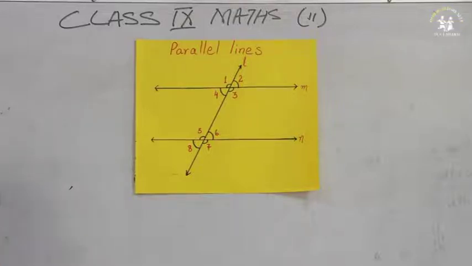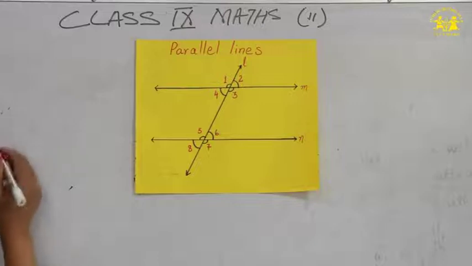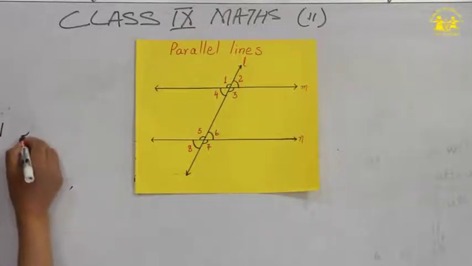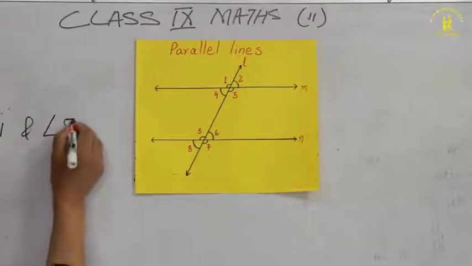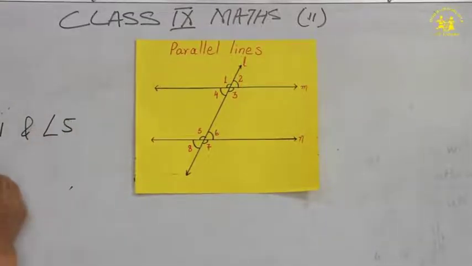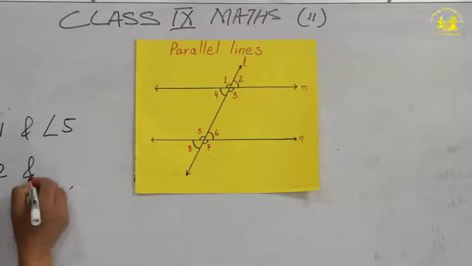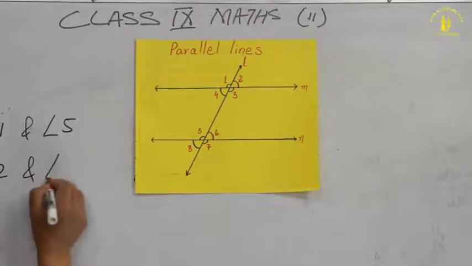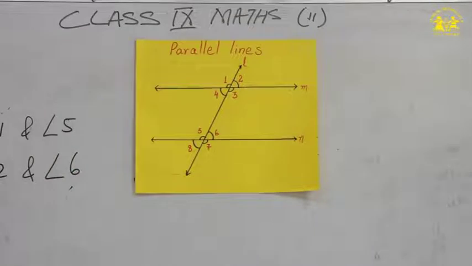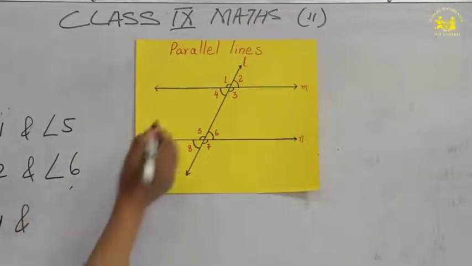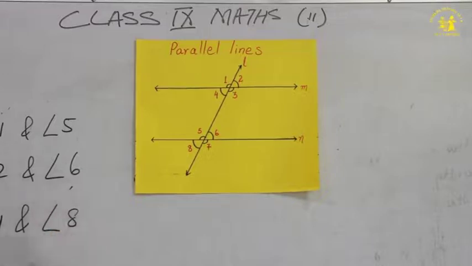First, let's see angle 1 and angle 5. It's one pair. Angle 2 can be paired with angle 6. Angle 4 can be paired up with angle 8. And angle 3 can be paired up with angle 7.